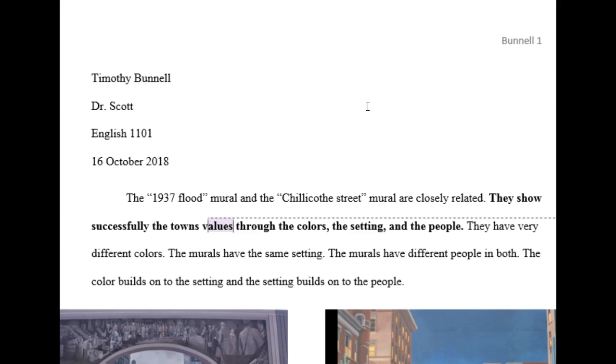Also looking at your organization of ideas, and that means that you are grouping ideas together in a way that makes some sense, and that you're transitioning between ideas, but that you also have a reason for why you have your ideas located in the place that you have them. And finally, I'm looking at your ability to integrate sources. So those are the four issues that I'm looking at.